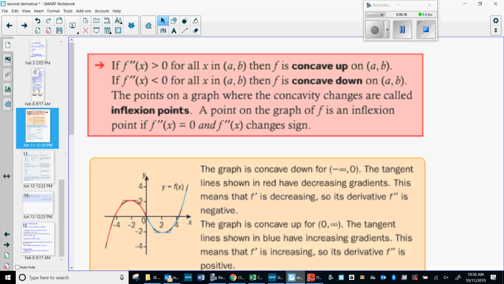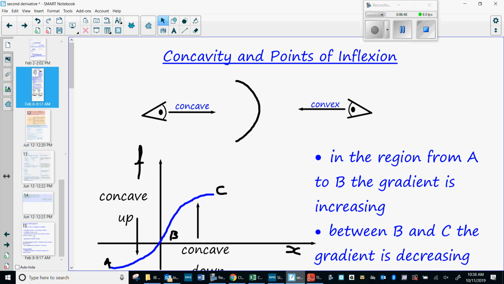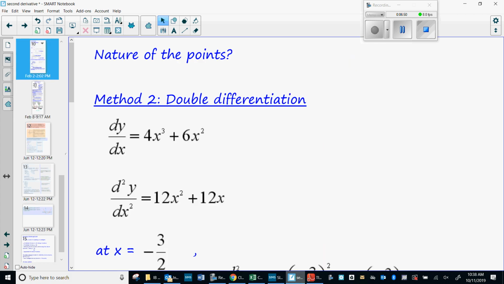You could find that the second derivative was 0, but that doesn't necessarily mean it is a point of inflection. Now, let me just go back to the notes we were filling in the other day when we first talked about the second derivative.